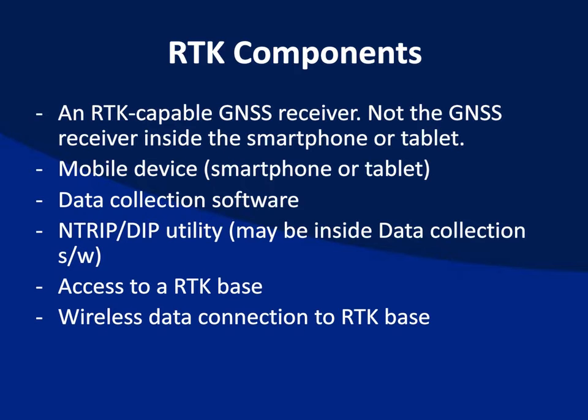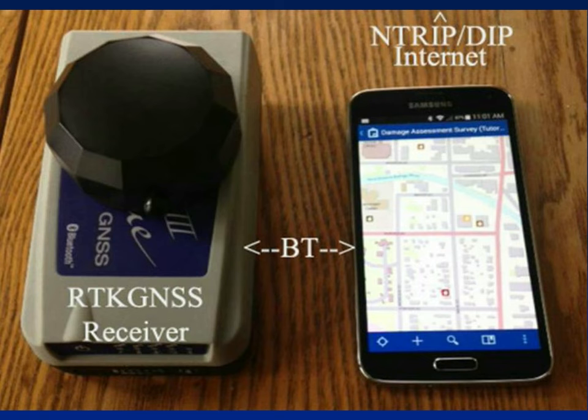So this next slide just shows a picture of what I'm talking about, all these pieces. That's a picture on the right of my new Galaxy 5 phone. It's just running Esri's Collector. I just brought up a sample screen of it to give you an idea. And on that device, there'd be some kind of NTRIP utility, which are available out there.